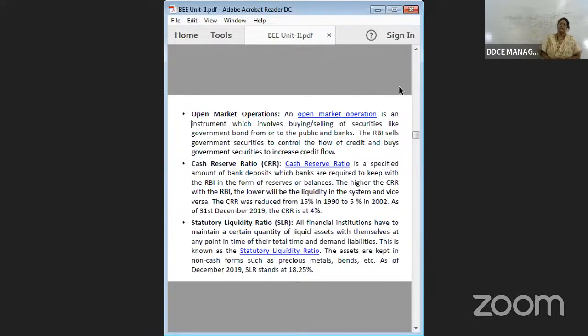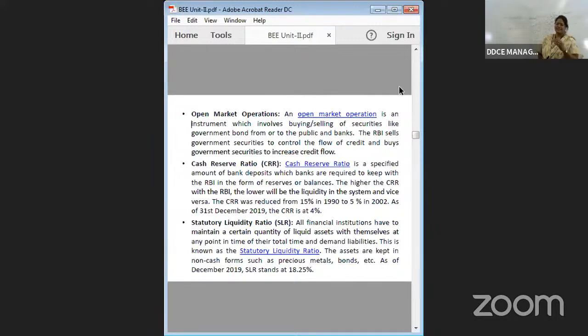There are two reservation requirements that we will study according to your syllabus, that is called CRR and SLR. Now what is CRR? CRR is called cash reserve ratio. Look at your slide. Cash reserve ratio is a specified amount of bank deposit which banks are required to keep with the RBI in the form of reserves or balances for future activity.